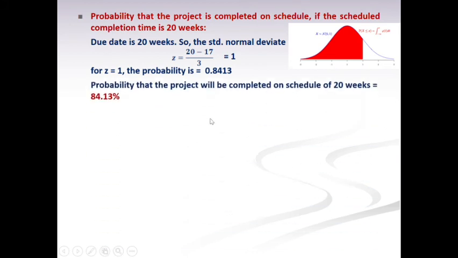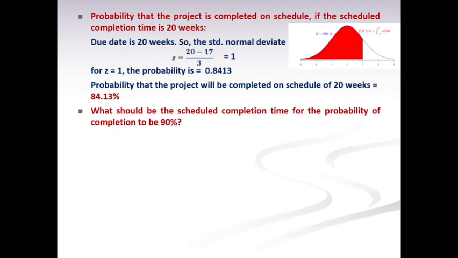Okay. Next one is, what should be the scheduled completion time for the probability of completion to be 90%? Here the probability of completion is given. We have to find the due date in the reverse order. So we look for 0.9000 in the normal distribution table.